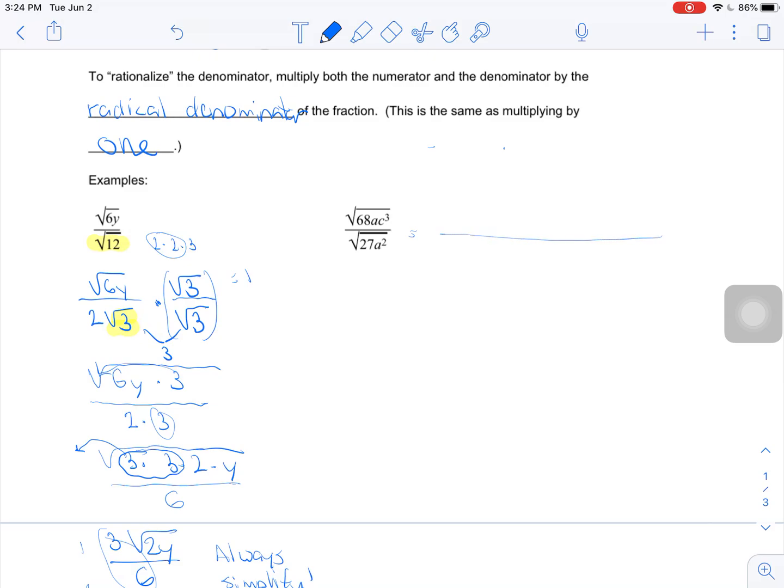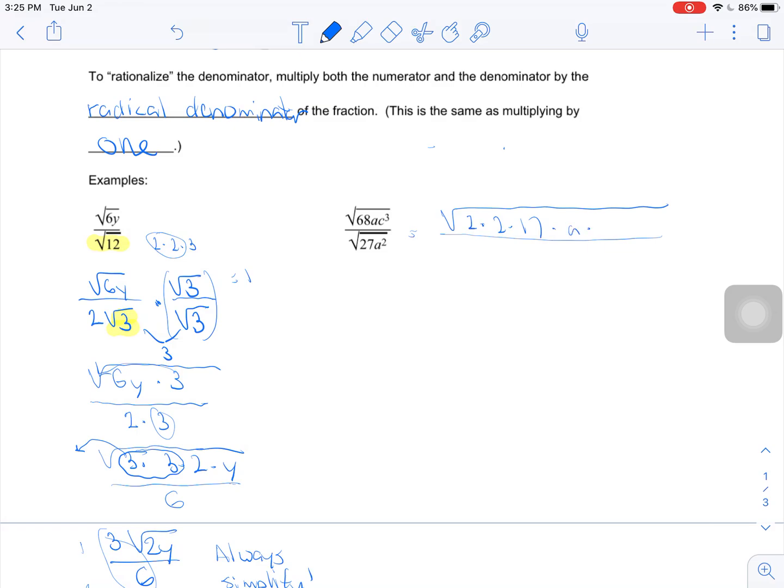So I am going to go ahead and look at our first rule from yesterday, and see what I can do to break the numerator and the denominator down and pull out my perfect square factors. So 68, I can break that down to 2 times 17.